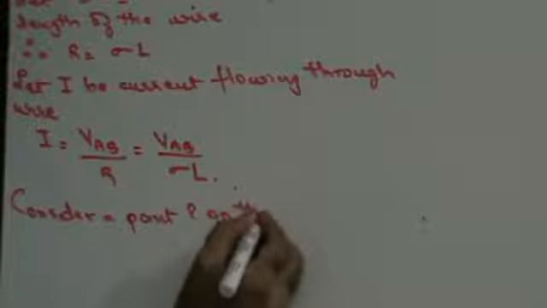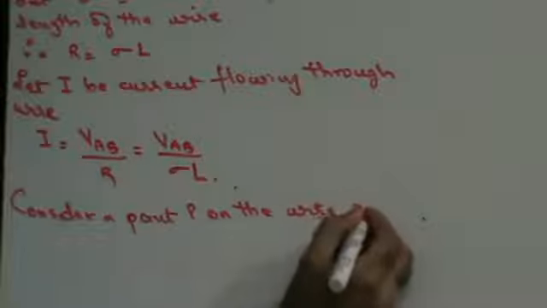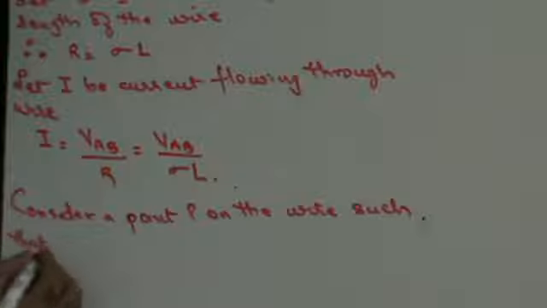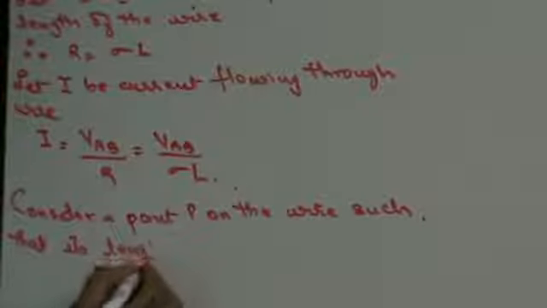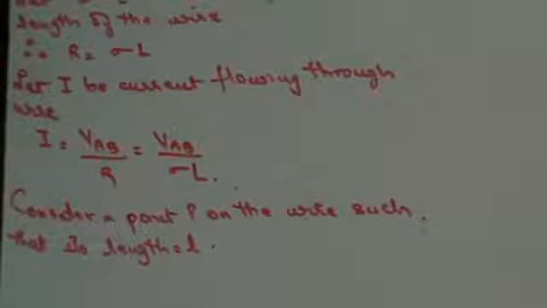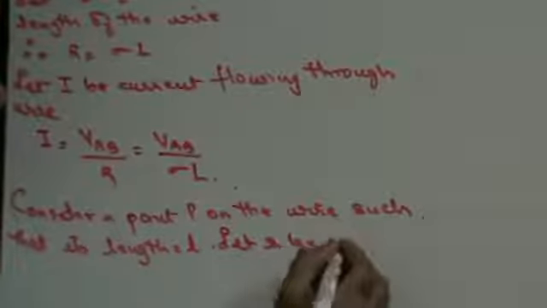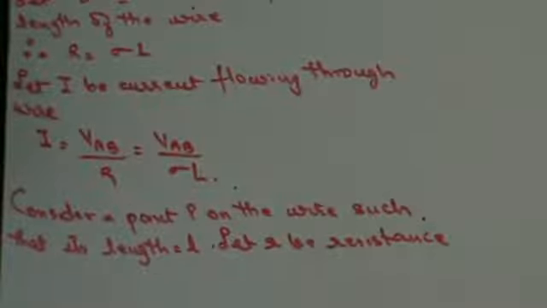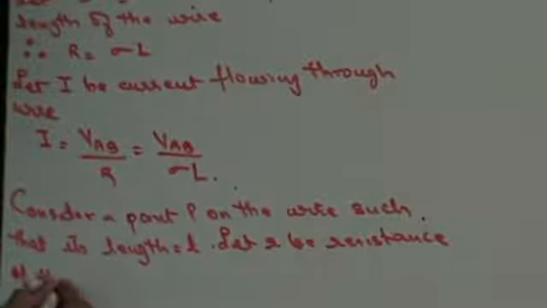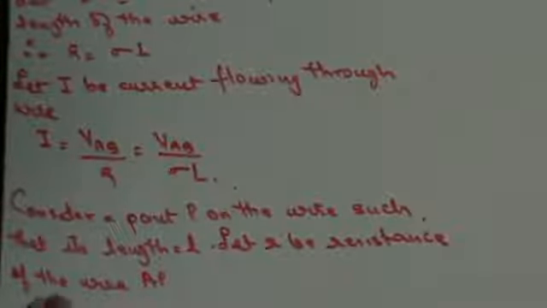Let's assume small l is the length of that part, and let R be the resistance of the wire AP. Therefore, I can say that R will be sigma into small l.